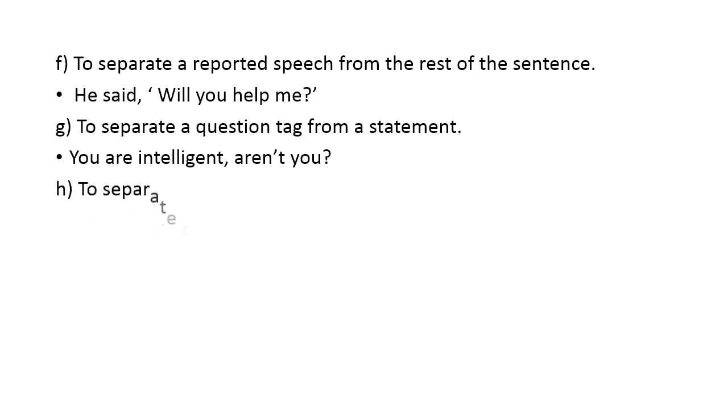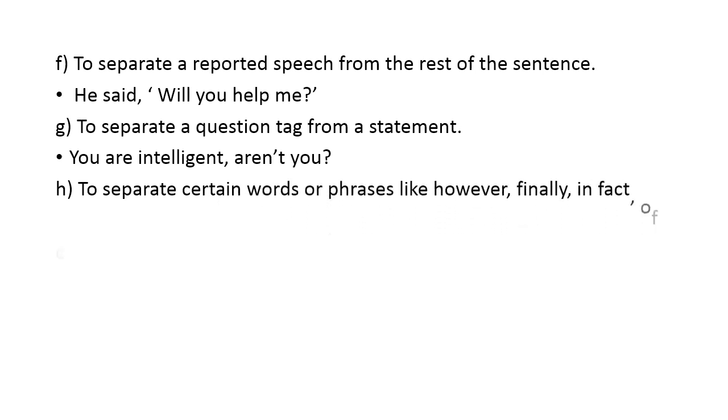Next, to separate certain words or phrases like however, finally, in fact, of course, etc. So to separate certain words or phrases, we use a comma. For example, after however, we put a comma. After finally, we put a comma. After in fact, we put a comma. After of course, we put a comma.